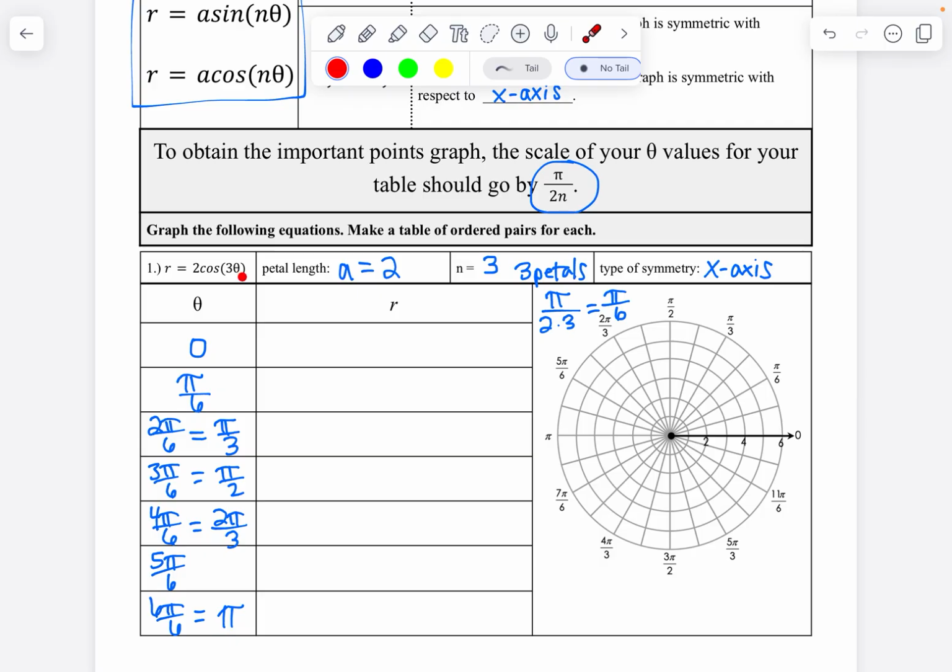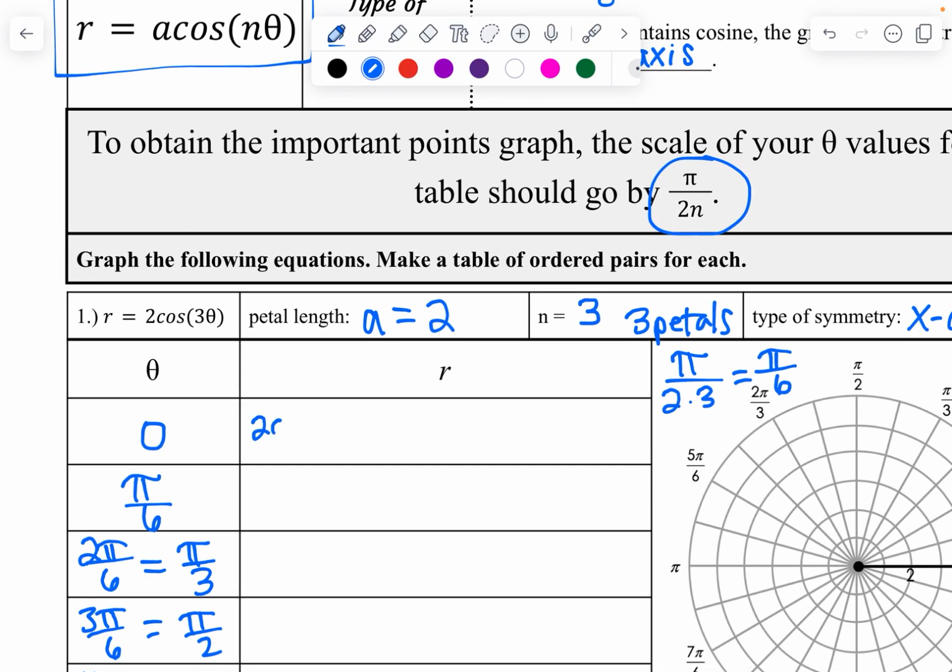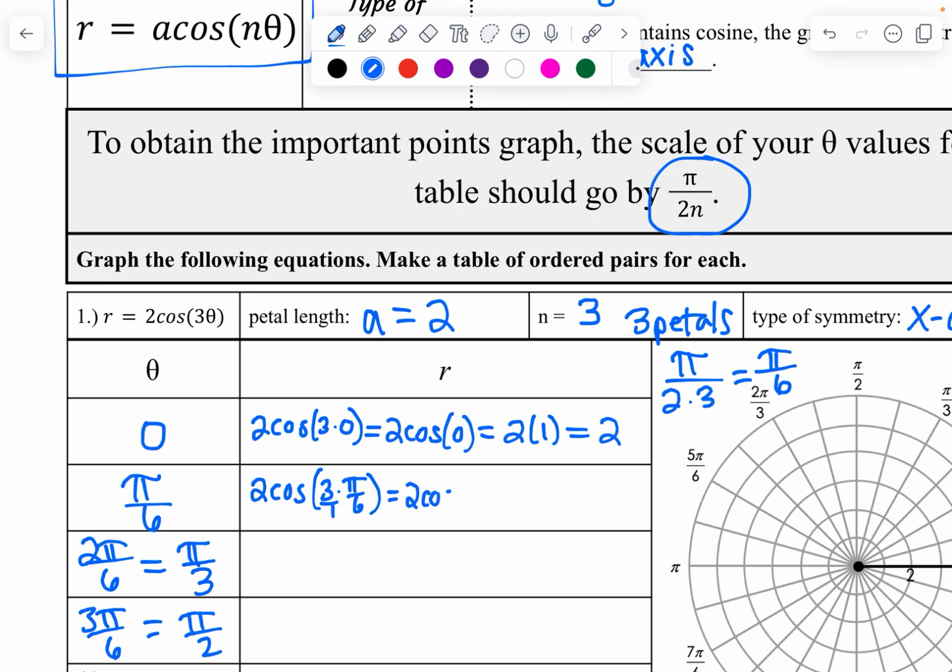If theta is 0, we have 2 times the cosine of 3 times 0, which would just be 2 times the cosine of 0. We know the cosine of 0 is 1, so 2 times 1 gives us 2 as our first r value. If we plug in pi over 6, 3 times pi over 6 gives us 3 pi over 6, which reduces to pi over 2. Oops, forgot my cosine.